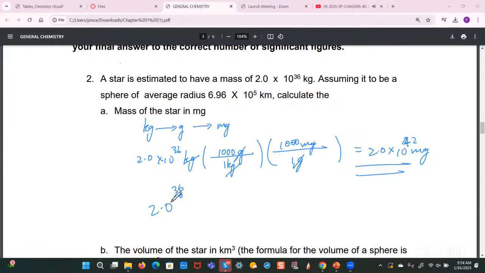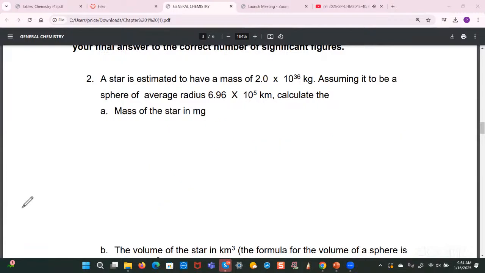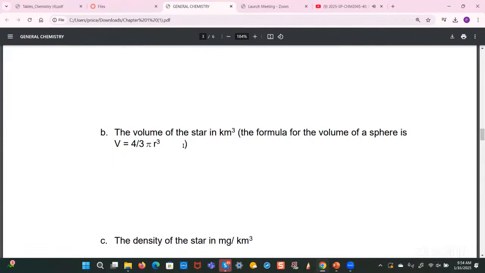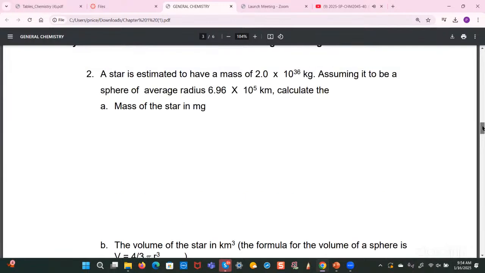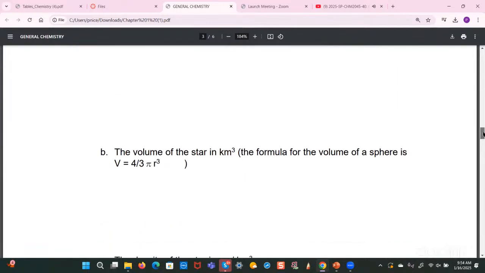Okay, all right, so let me clear this. And let me scroll down. Okay, so this one says the volume of the star in kilometers cubed, and they gave you the formula for calculating the volume of the star right here, right? So what was the radius? 6.96 times 10 to the 5.